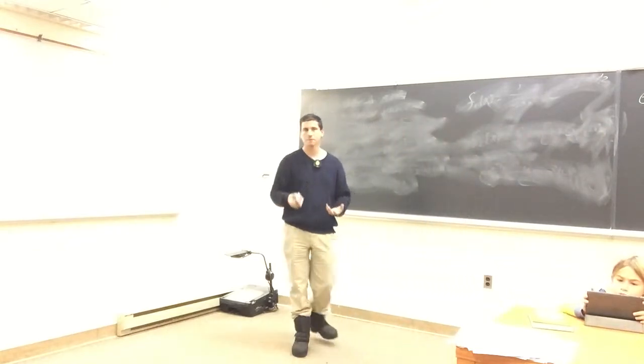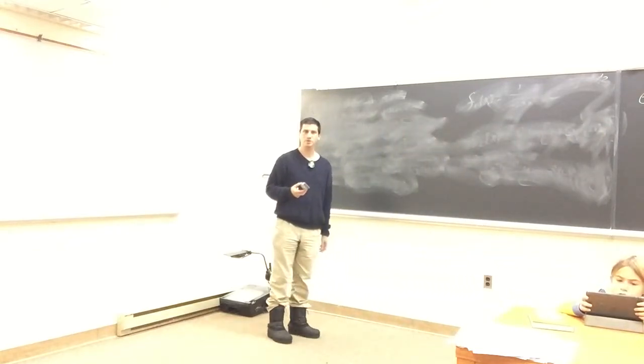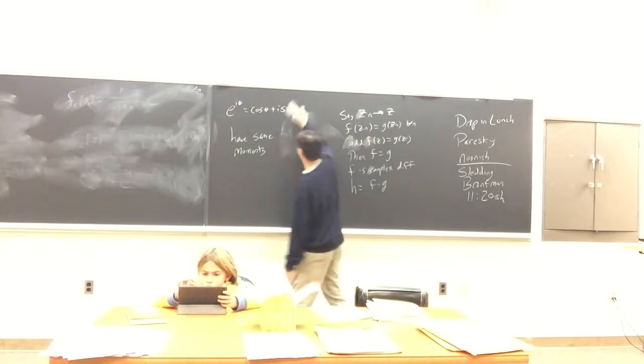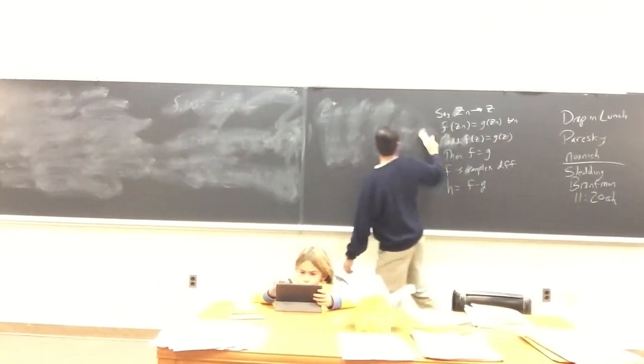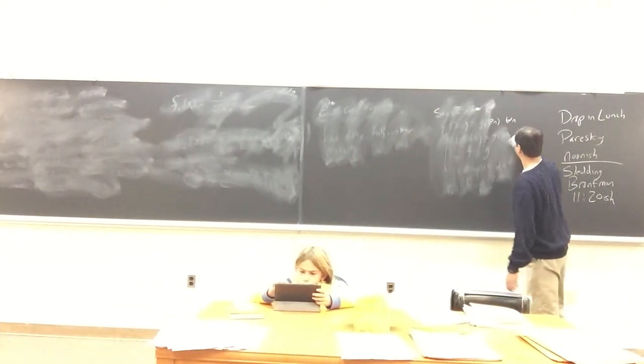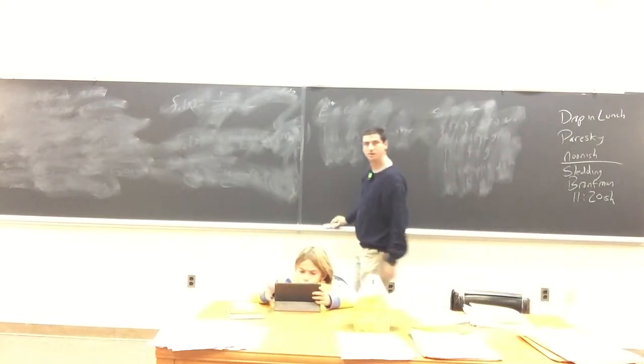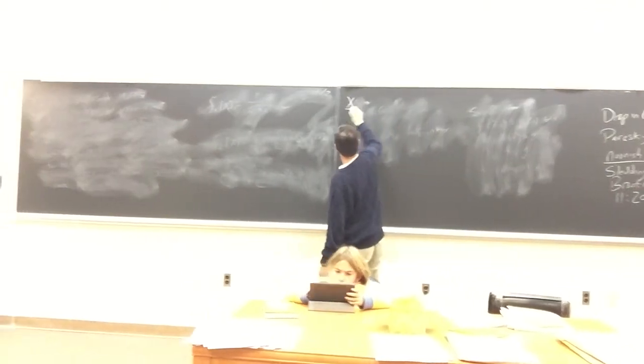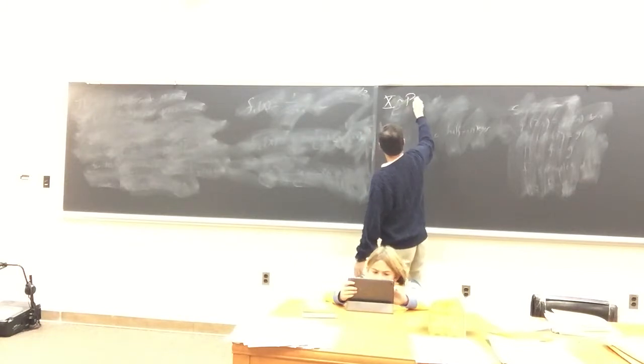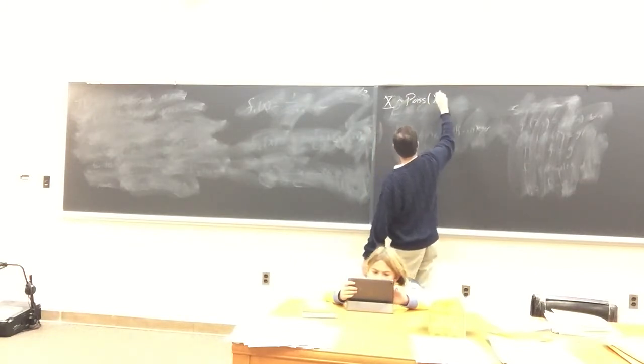What random variable did we use last time? What did we use on Friday? Poisson. All right, so Poisson is a great one to use. Anybody remember the moment generating function of the Poisson? So x is Poisson with parameter lambda.